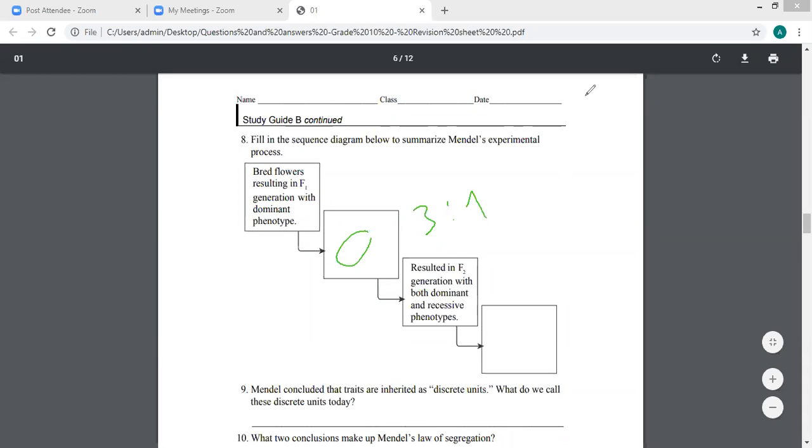After self-pollination of the first generation offspring to produce the second generation, the last step, Mendel calculated the ratio of the phenotypes, just to know the ratio between dominant and recessive. So in the last box, Mendel calculated the phenotypic ratio in the second generation.